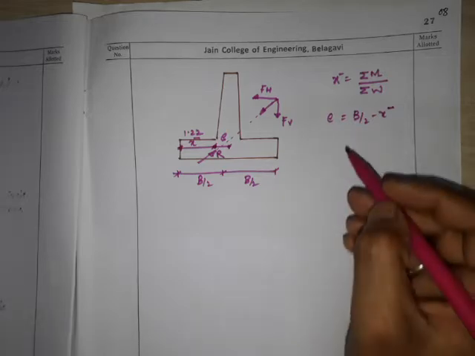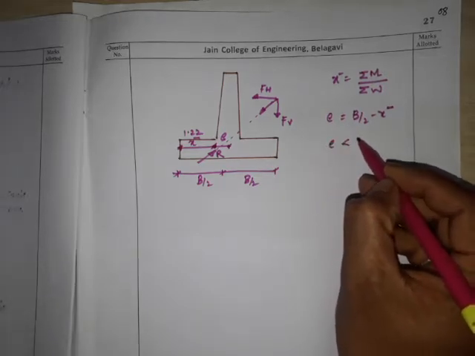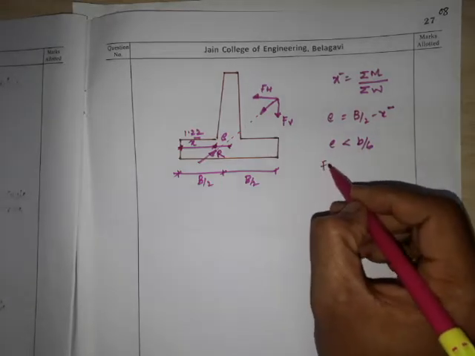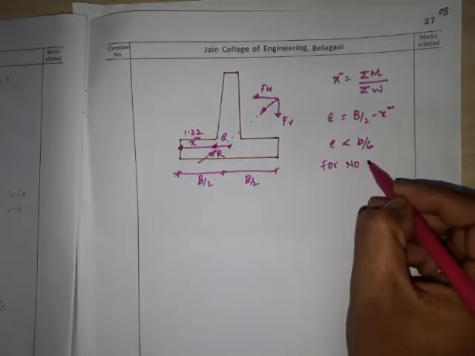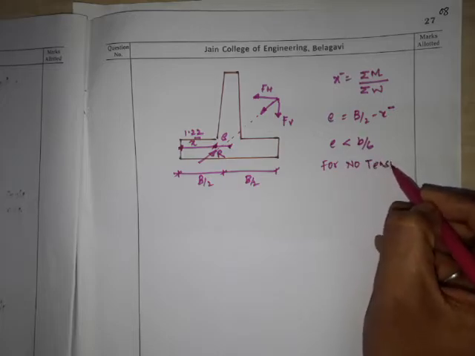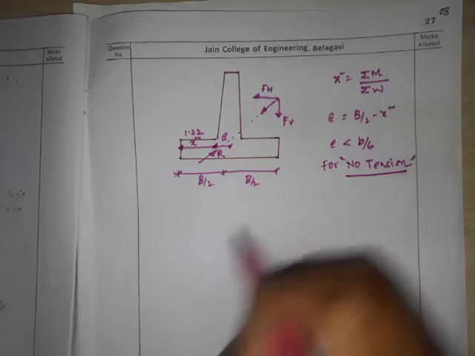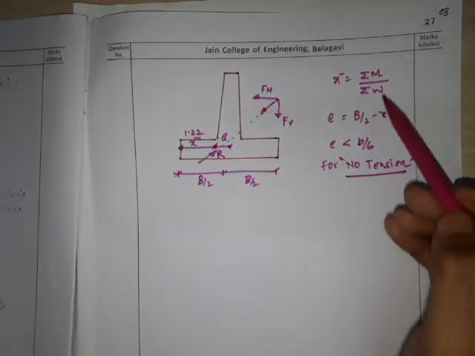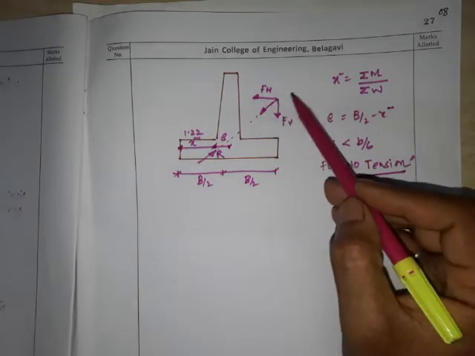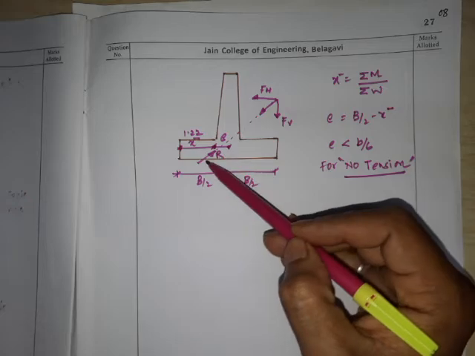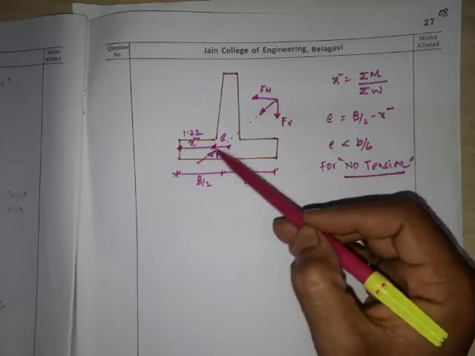And as I told you, E should be less than B by 6 for no tension. Now I'll explain what is no tension. Understood? So the horizontal force and the vertical force will develop a resultant, and that resultant has to be resisted by the retaining wall.